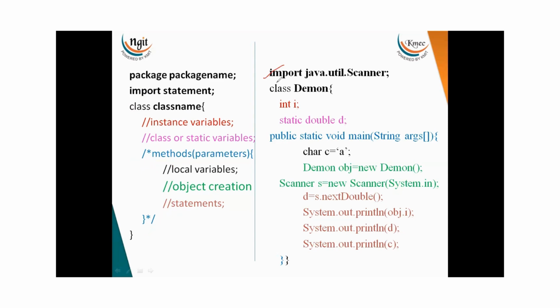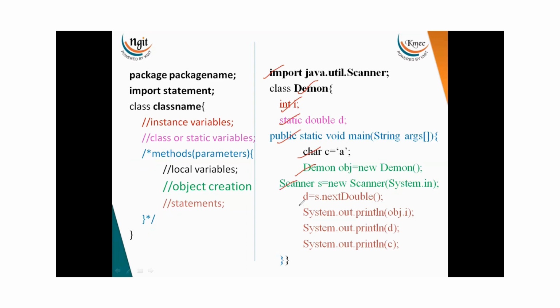Now I'm importing the package, that is the util package. There you have the Scanner class, which is used to read the data. The class name is Demo n. Next, I'm taking an instance variable, a static variable. Next, I'm taking the main method. Here, I'm taking a character type variable A. Now, I'm creating an object of this class.